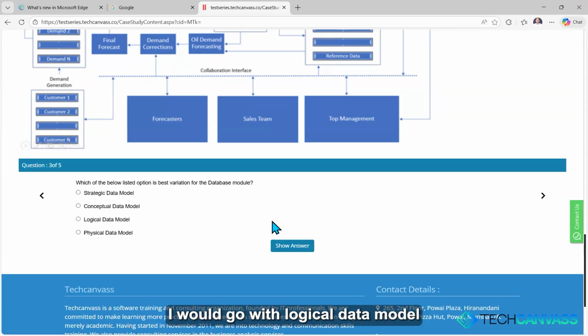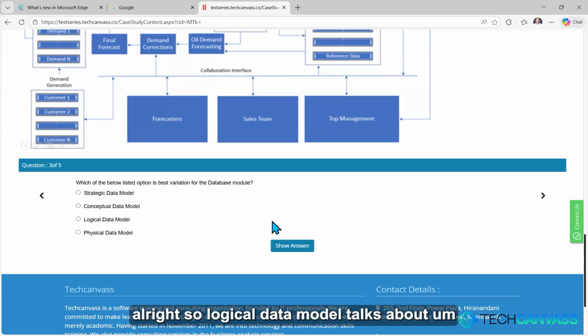I would go with logical data model. And your reasoning is? Because in terms of the database architecture shown here, we have it in sort of a schematic, but that's just me guessing. Very close.